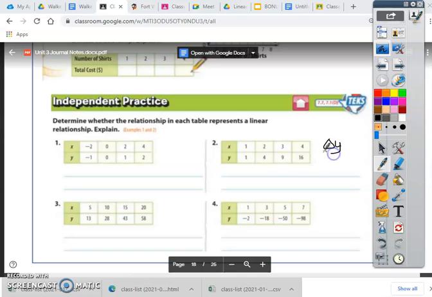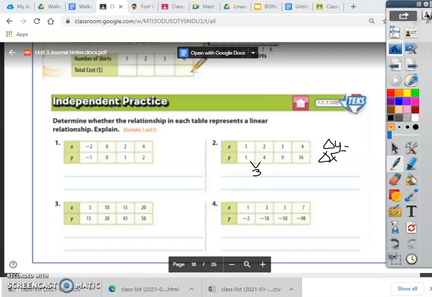Delta y, delta x. So how much is it from here to here? 3. How about from here to here? Isn't that 5? How about from here to here? Well, that's 7.